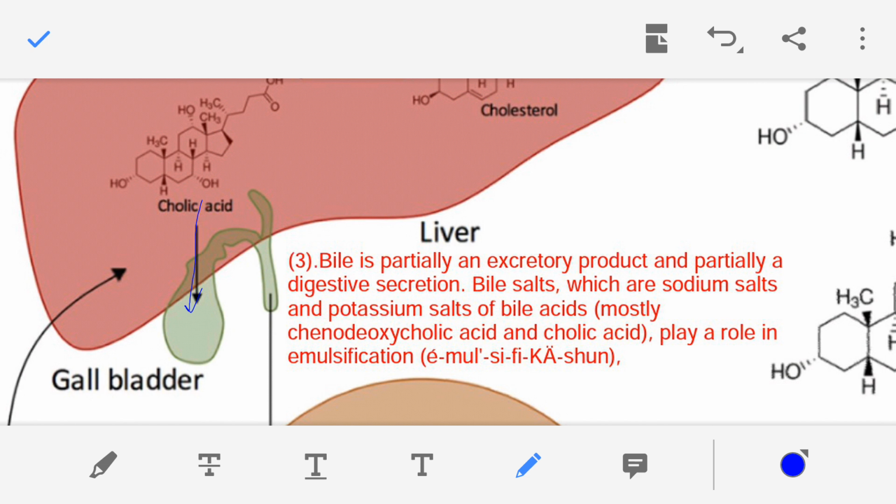They are stored in the gallbladder. They will form this salt with sodium and potassium. So the bile salt or the bile is stored in the gallbladder.